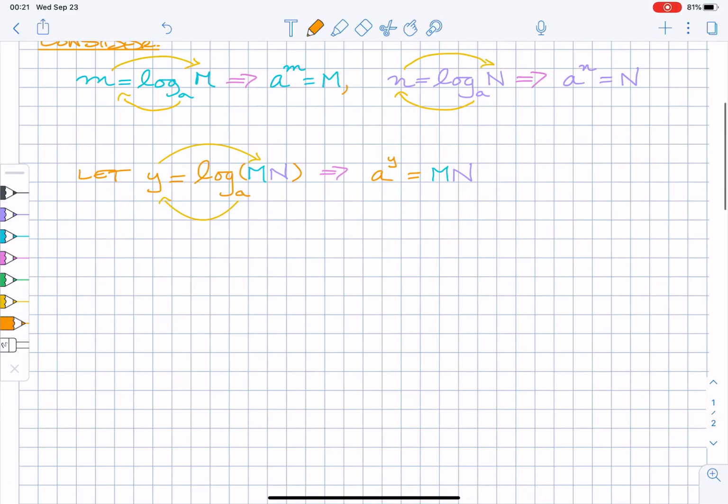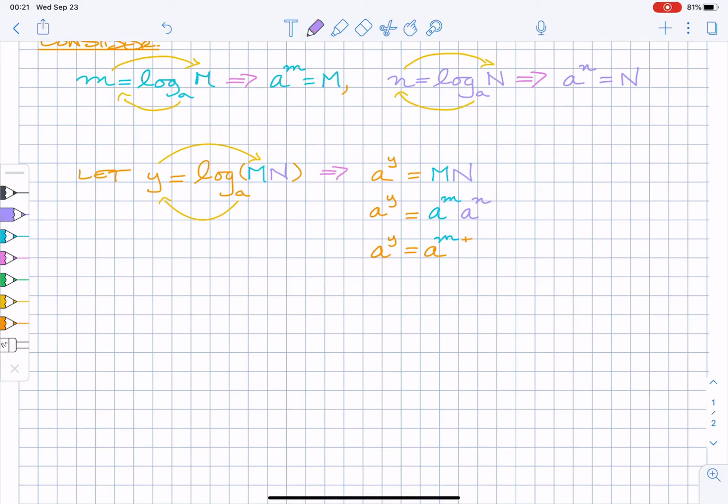I didn't explicitly show that, now I'm doing that. The reason I'm doing that is because then I can rewrite capital M as little a to the little m as defined above. And I can rewrite capital N as little a to the little n as defined above. But now I can use properties of exponents to rewrite the right-hand side as a raised to the m plus n.